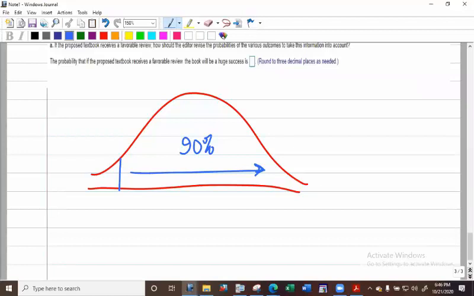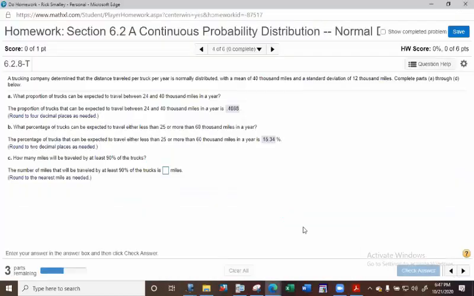That's important because then we have to realize that the question is asking 10th percentile, not 90th. 10th percentile. That's what I was grumbling about a little while ago. But yeah, see, it's a little tricky. But now you know when you do it.